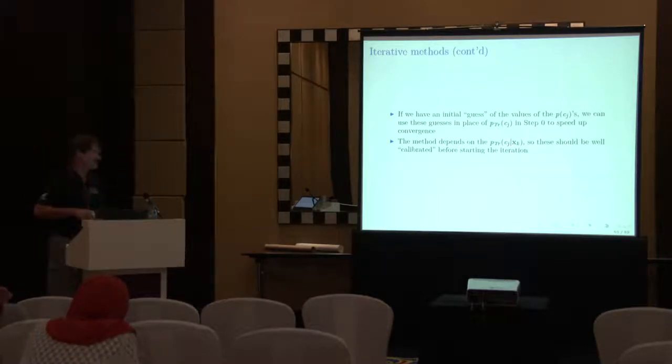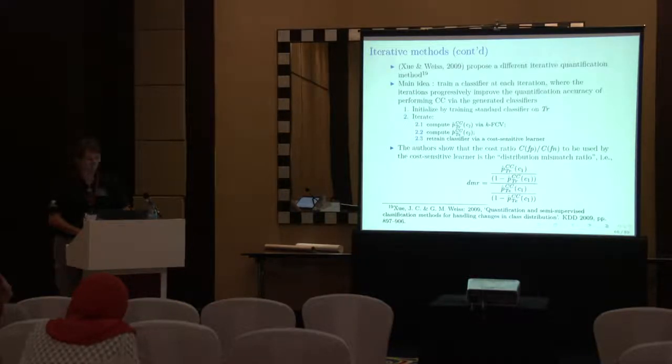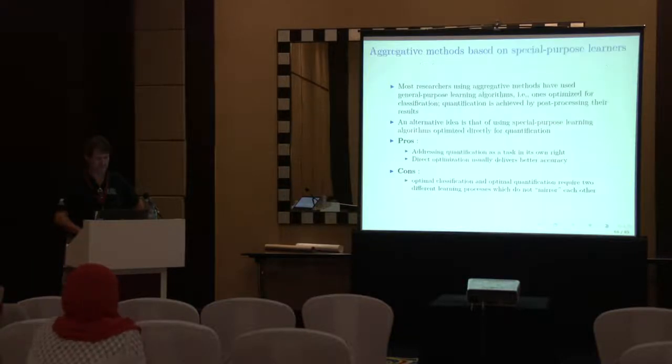The initial posteriors had better be calibrated in the beginning if you really want convergence and speed-up. There are some variants here, but I will skip them.